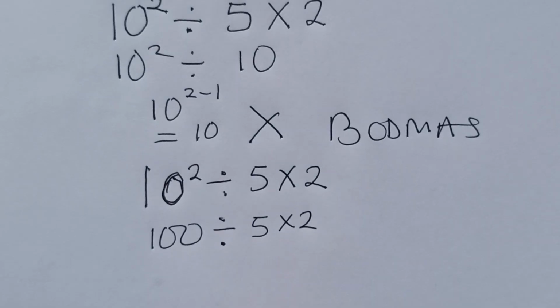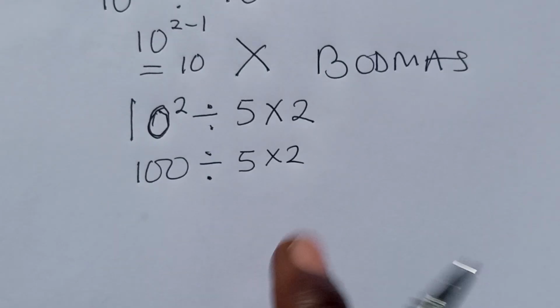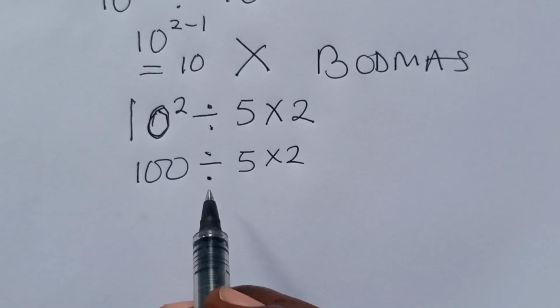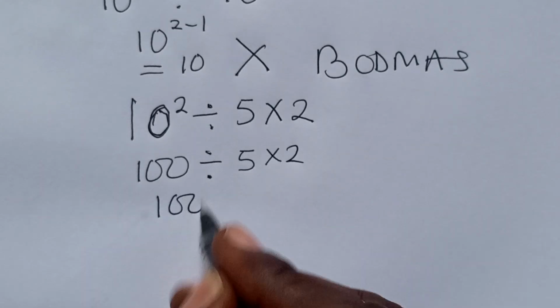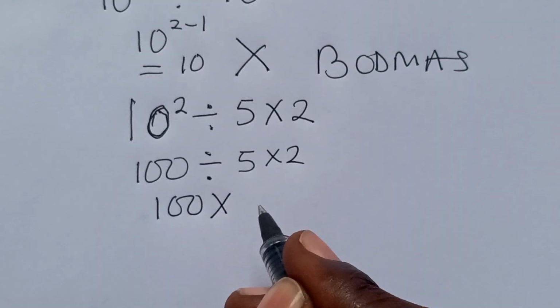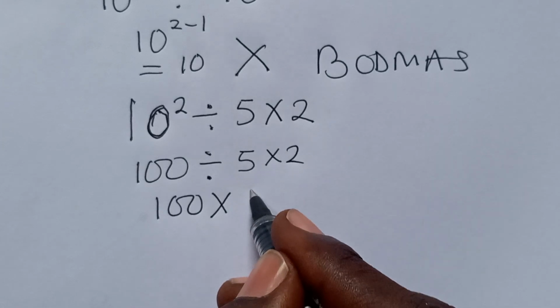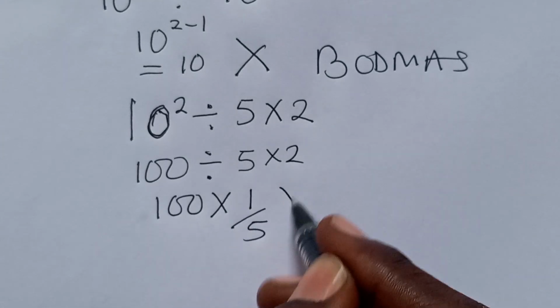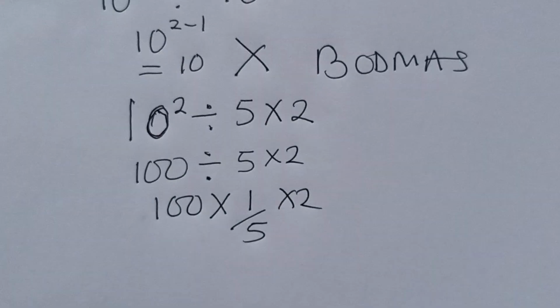100 divided by 5 times 2. After treating exponent, let's treat division. Treating division, we can change the sign to multiplication so that what we are dividing with will now multiply as the inverse, times 2. So this is what we are having.